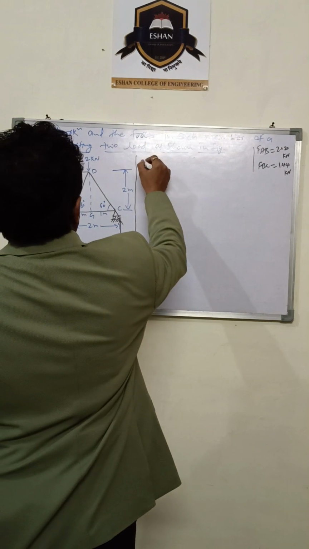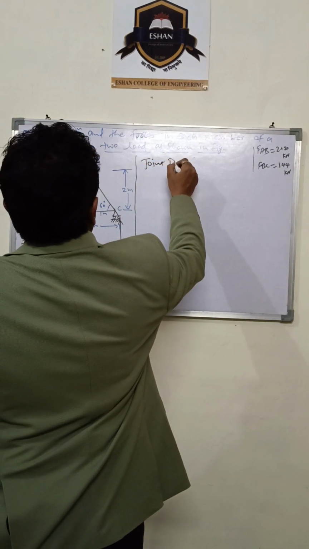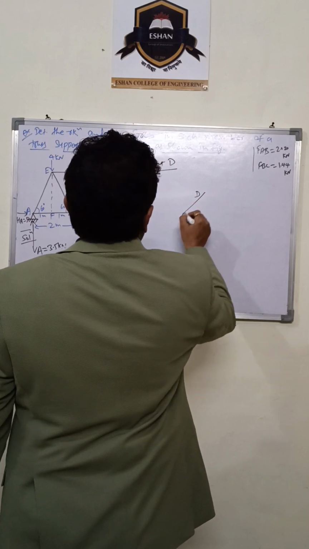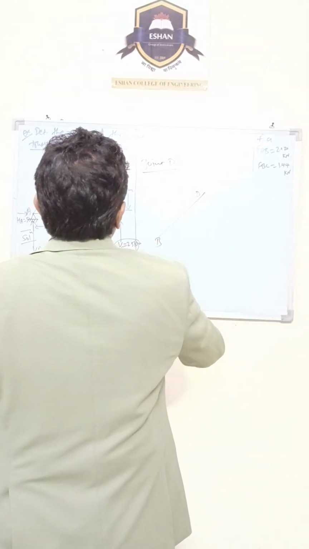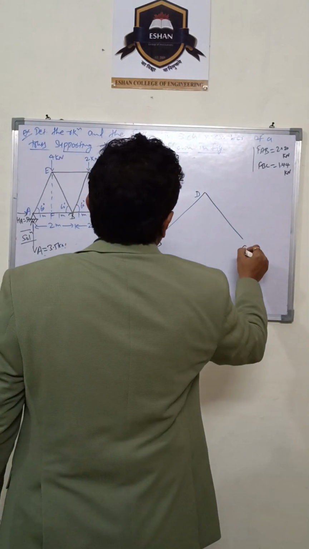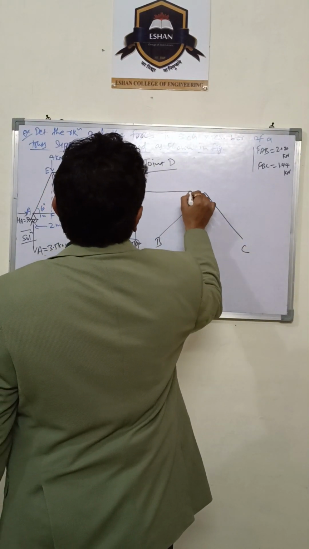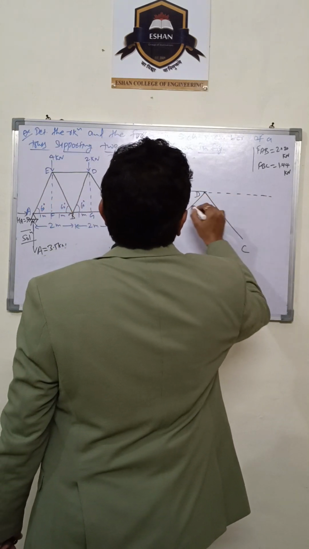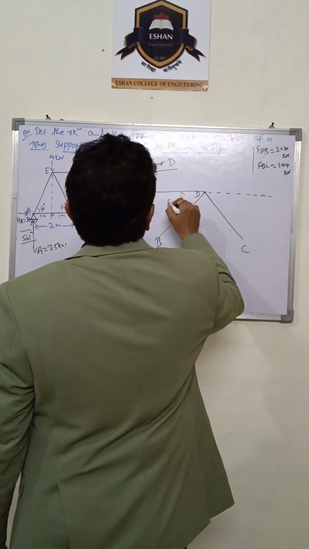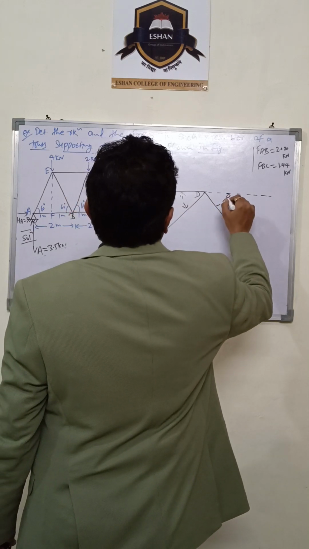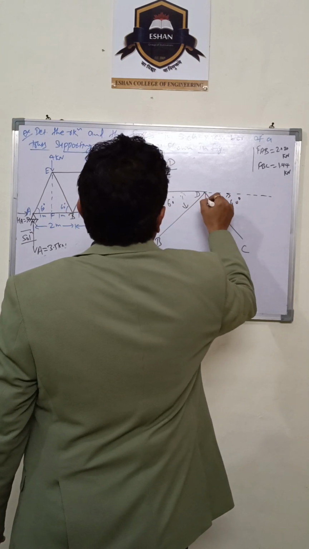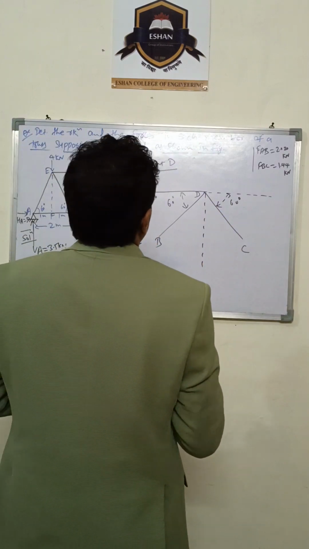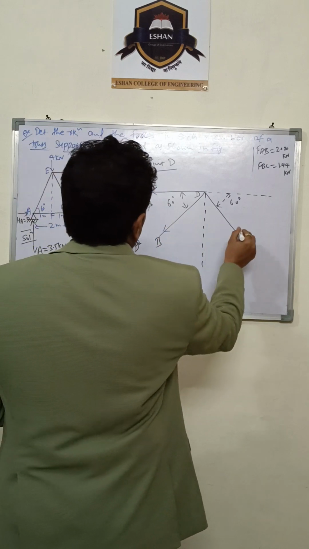Now consider the last joint, joint D. Draw the FBD of D. These members are DB and here DC. This member is DE. This angle is 60 degree, and this is also 60 degree. Write down the components of the inclined members, considering all forces in the outer direction.